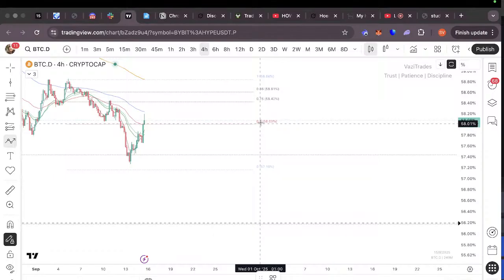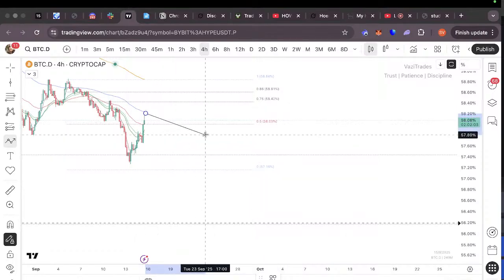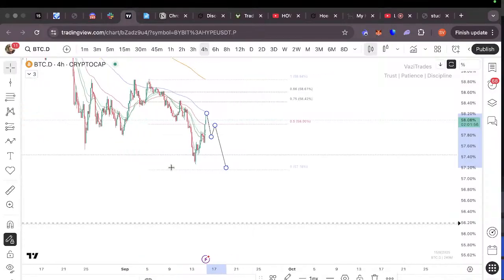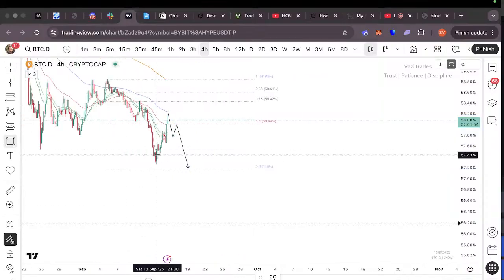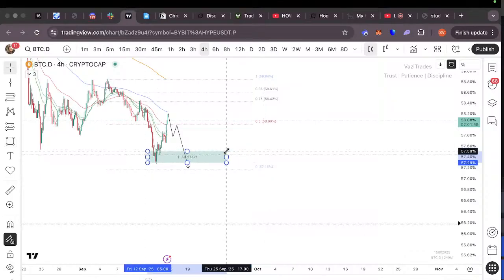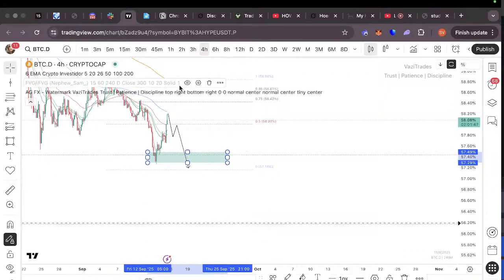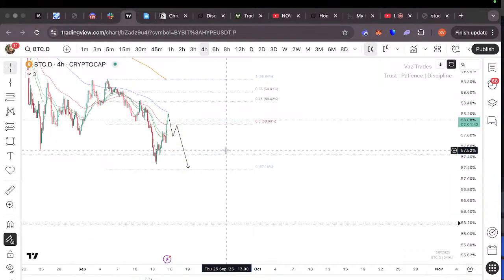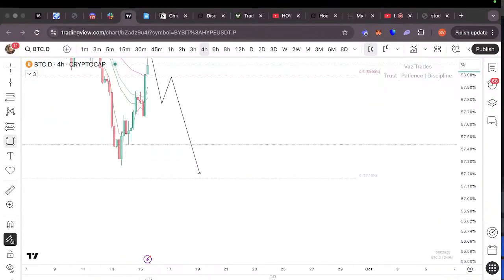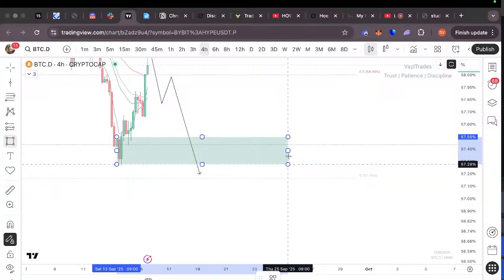Bitcoin dominance losing this support, which means a 4-hour close below, and then ideally losing this support, okay, this 4-hour time frame support. I don't know if there are any FVGs. No, but we can see, look at this candle. Yeah, this is our bullish order block.